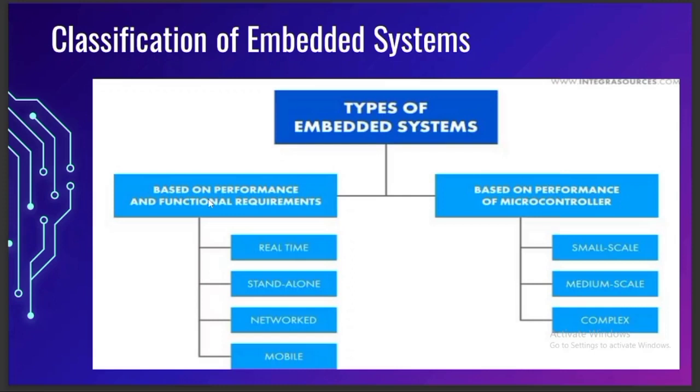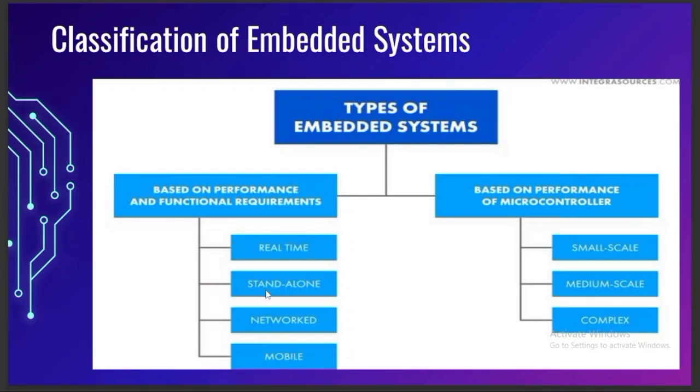Coming to the classification based on performance and functional requirements, embedded systems are classified into four types: real-time, standalone, networked and mobile. Real-time embedded systems are designed to perform a specific task within a time frame.